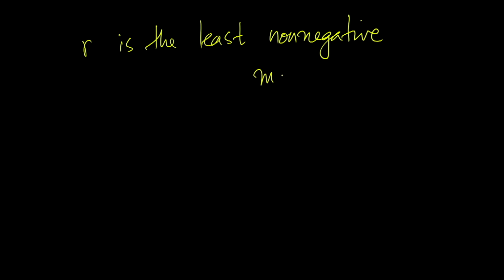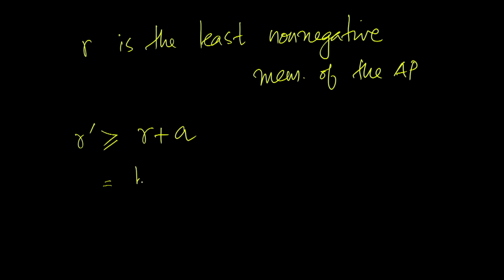But then r is the least non-negative member of the AP. So r prime is greater than or equal to r plus a. But what is r plus a? This is b minus q a plus a. But this is then greater than or equal to a.